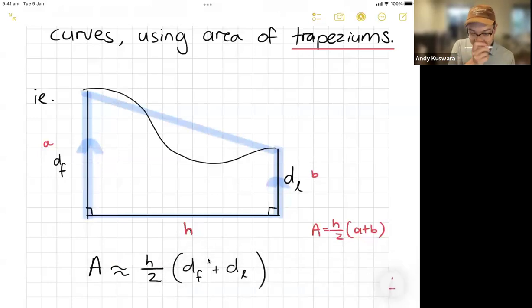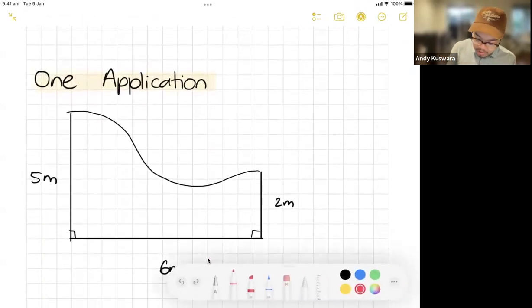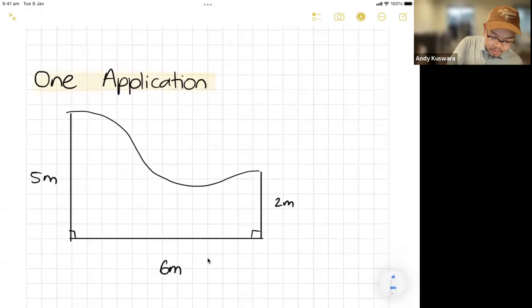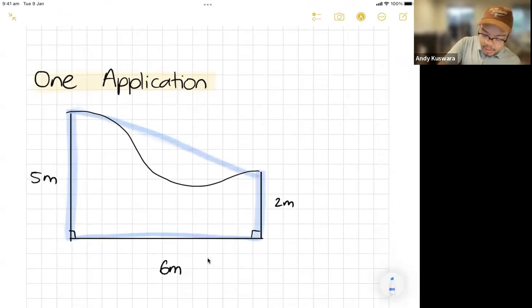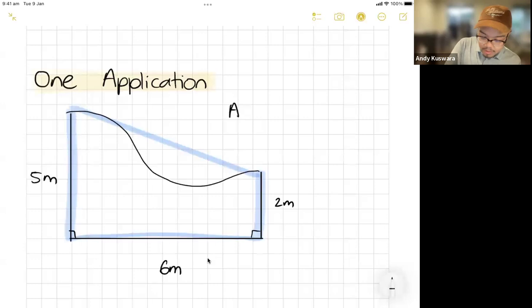Now, what they'll often say here is they'll talk about different applications. One application essentially means we use one trapezium. So let's pretend that we've got this, and let's actually calculate it. We know that our area is approximately h on 2 times (df plus dl).